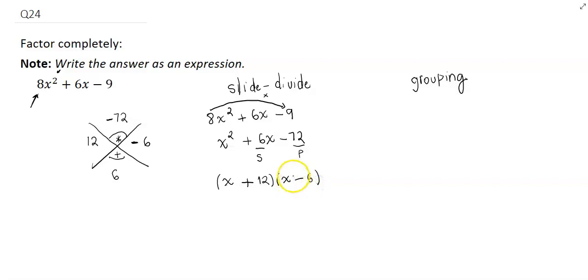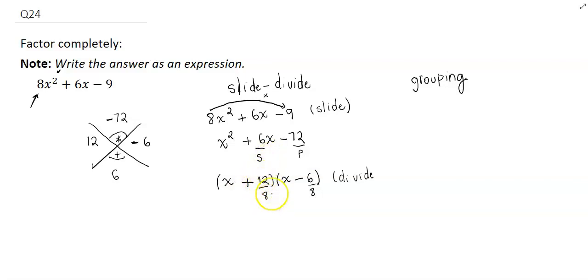I don't stop here because I slid the coefficient. Now I have to divide by the number that I slid. I slid 8, so I have to divide the constant part by 8. Then I see if I can reduce this or not.